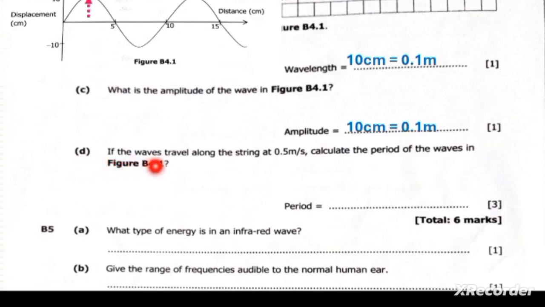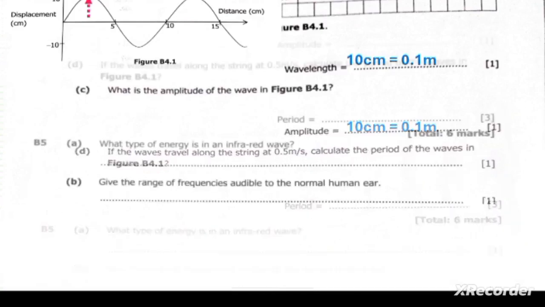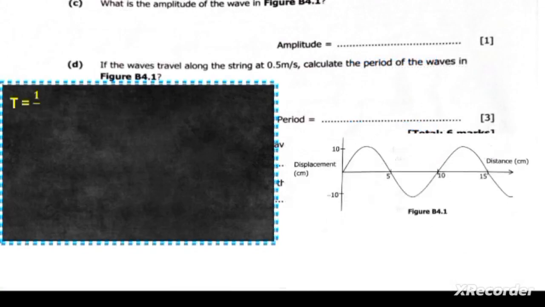If the waves travel along the string at 0.5 meters per second, calculate the period of the waves in figure B4.1. Okay, so to find the period, we are going to come up with the formula, which is saying period is equal to 1 divided by frequency.